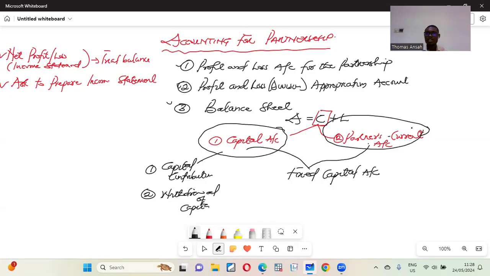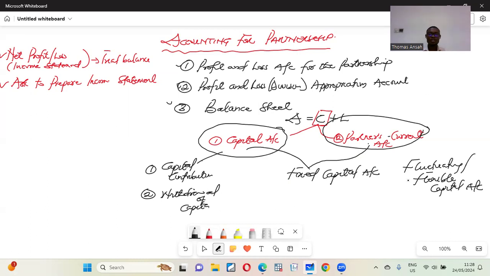And when you put them together to prepare one account, it is called the fluctuating or the flexible capital account. So a situation where you prepare a capital account separate from the current account is called fixed capital account. A situation where you prepare a capital account combined with the current account is called fluctuating capital account. All right. So this is it.